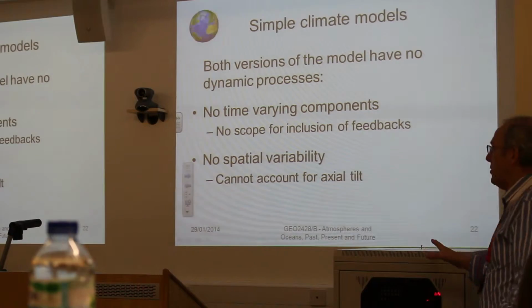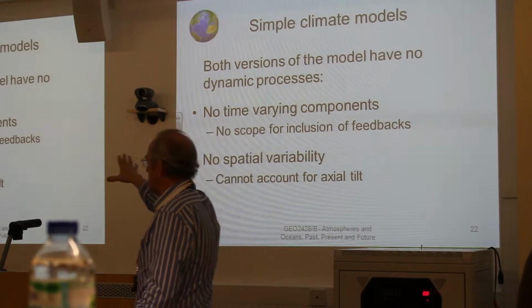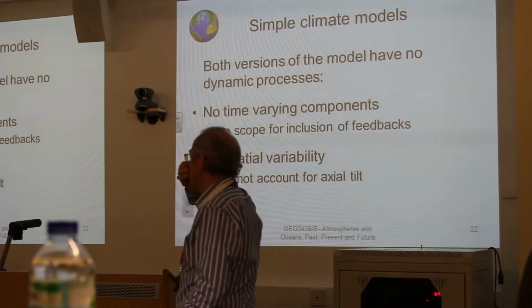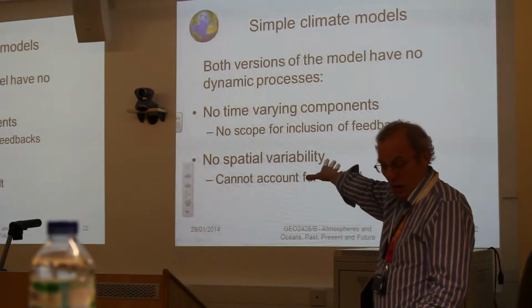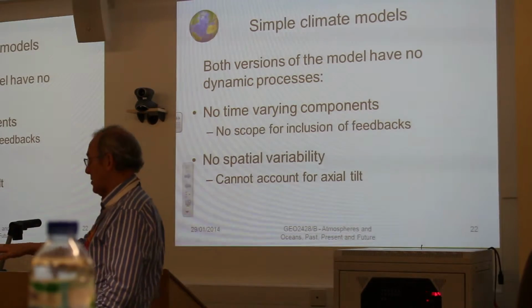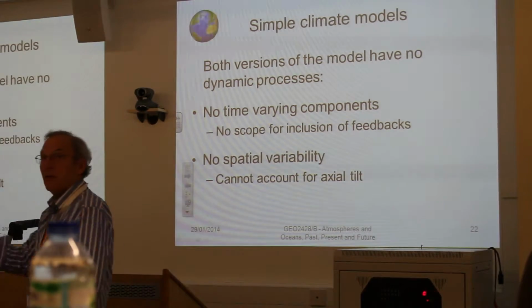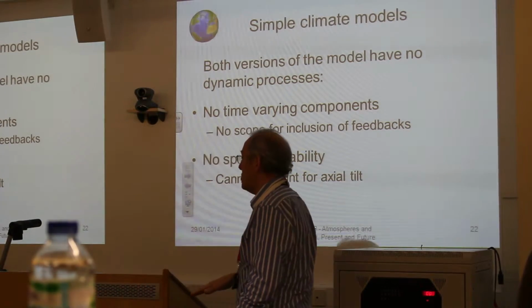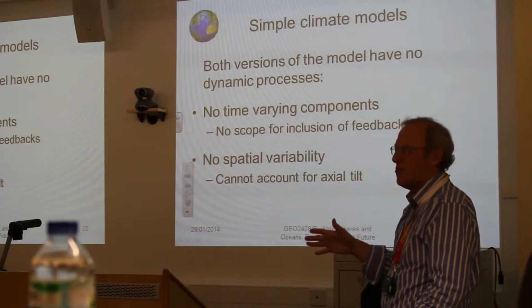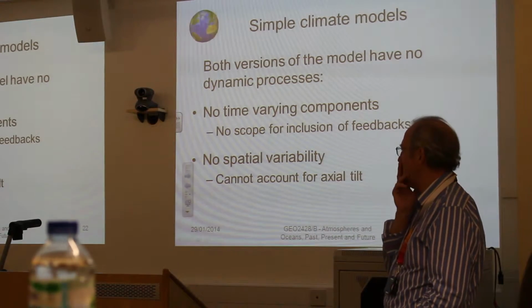And we know that we have time varying components which will lead to feedbacks, positive, especially negative feedbacks. We also know that that simple model doesn't have any spatial variability, so it doesn't have a tilting Earth, it doesn't have variations in radiation input with latitude, etc. So it's a gross simplification.